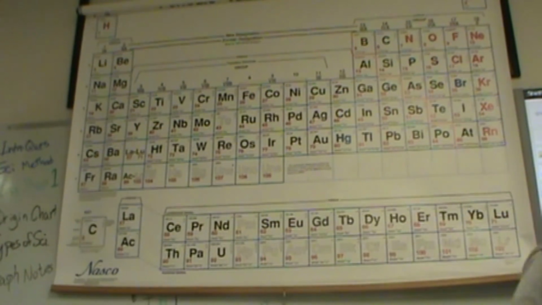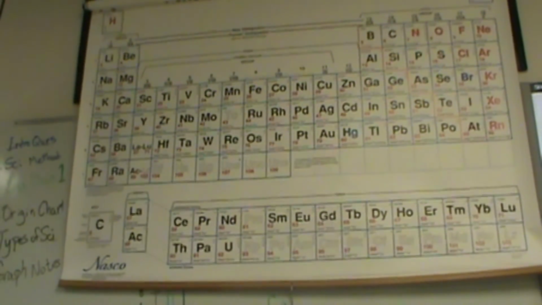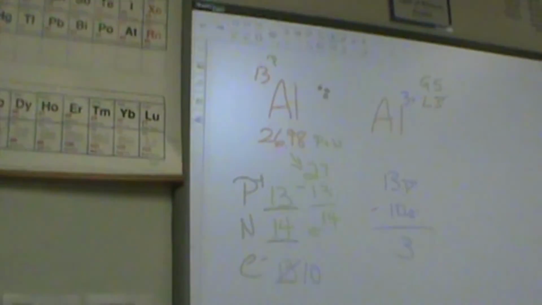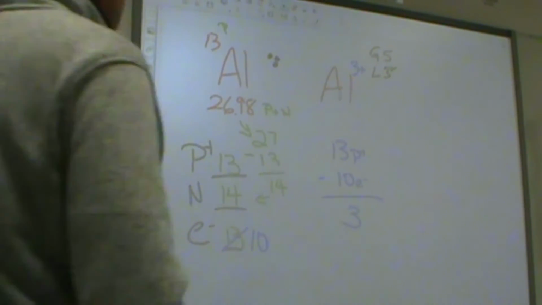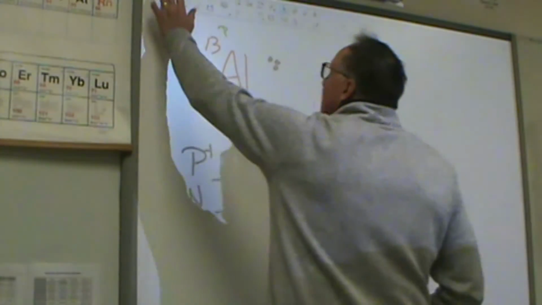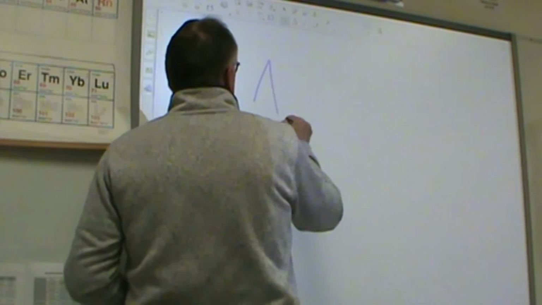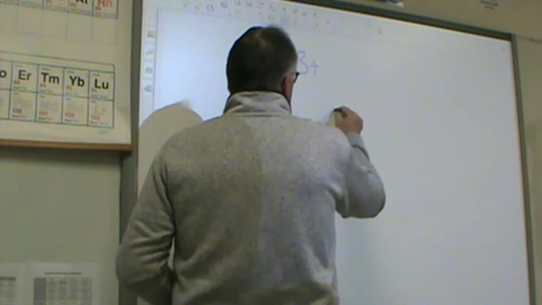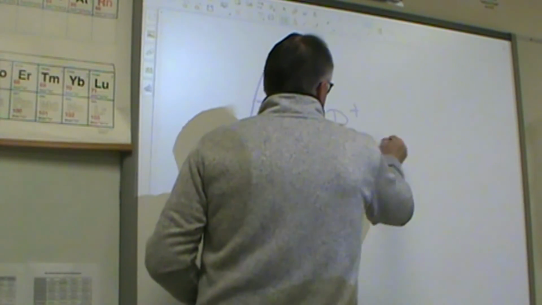Now, if we were going to go back over here to the board, hopefully you can see it. If we were going to do the next way, and you were given aluminum 3 plus, how many protons, neutrons, and electrons are there?